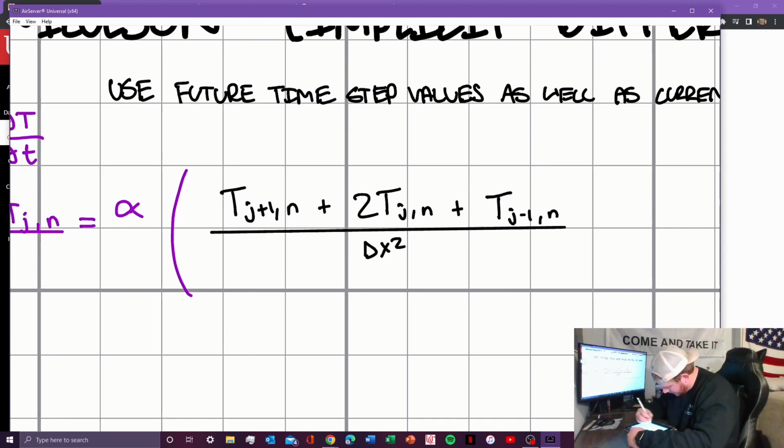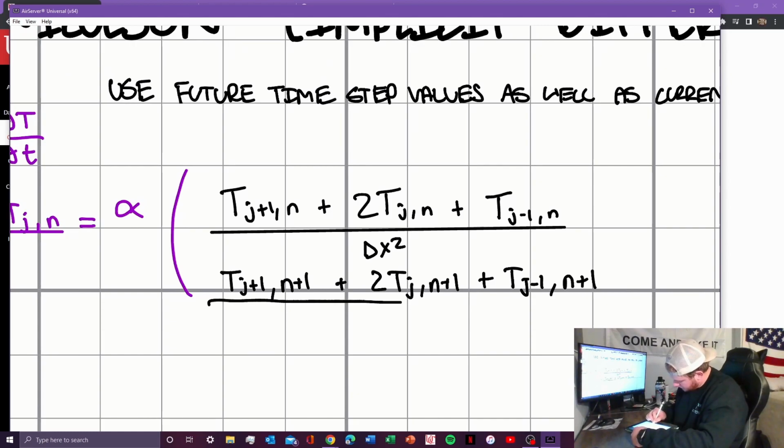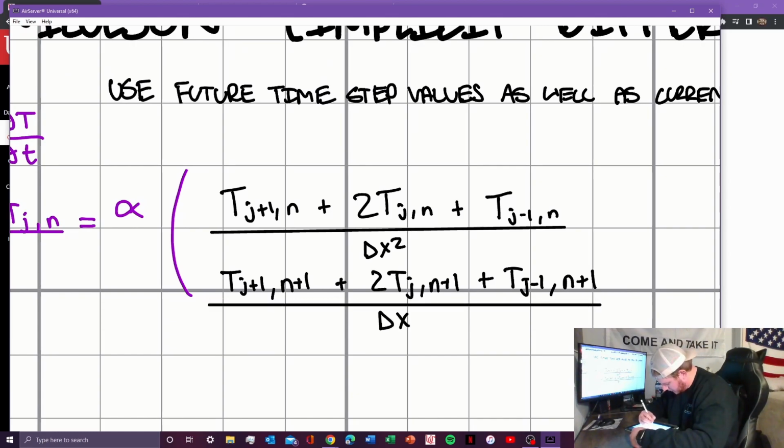But now we are going to have T(j+1, n+1) minus 2 T(j, n+1) plus T(j-1, n+1) all over dx squared as well.